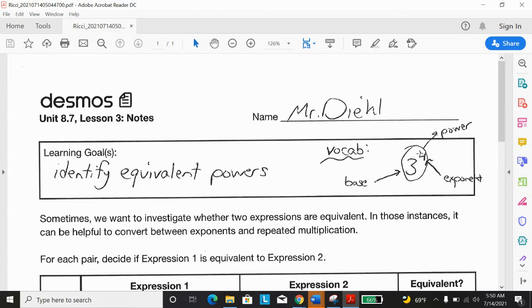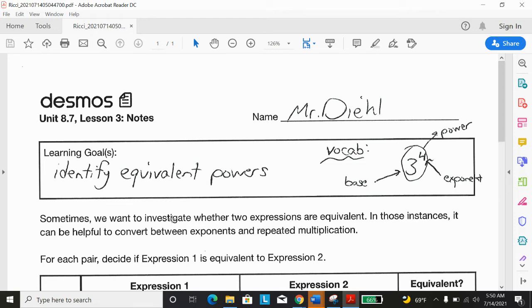The exponent is the little number that tells us how many times to multiply. And the power is the name we give for the whole thing together. Sometimes we call the whole thing an exponent, but technically, the little number up here is an exponent. That tells us how many times to multiply. The base is the number we multiply. So we're going to try to identify equivalent powers, equivalent expressions that have exponents in them.